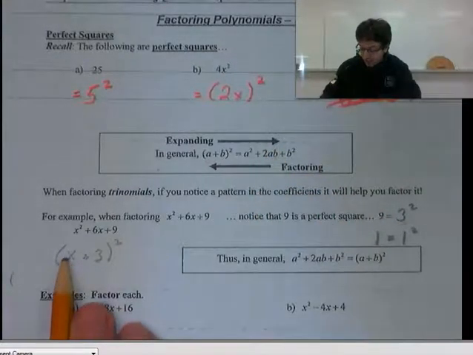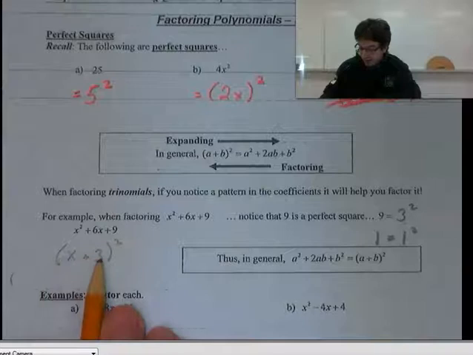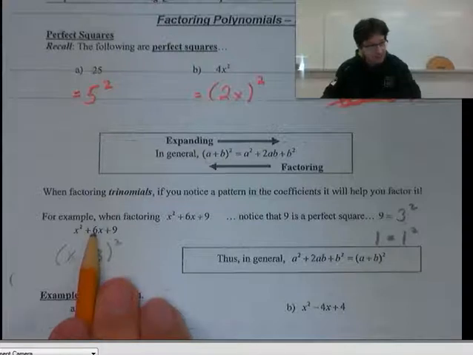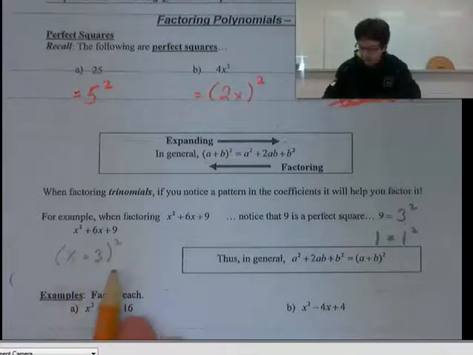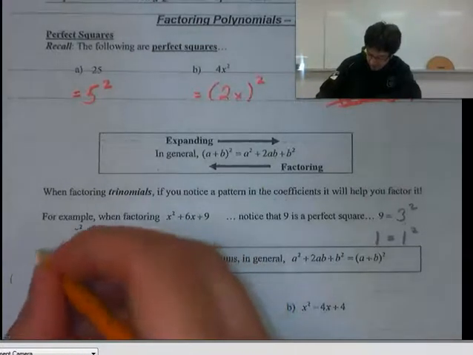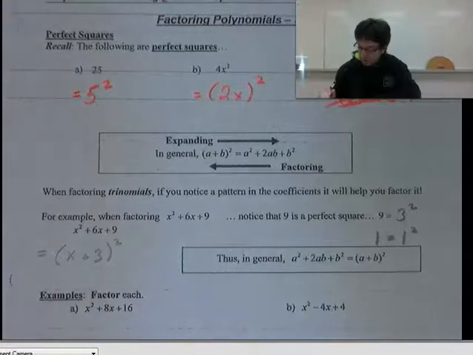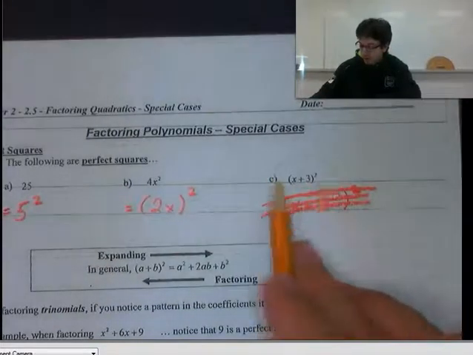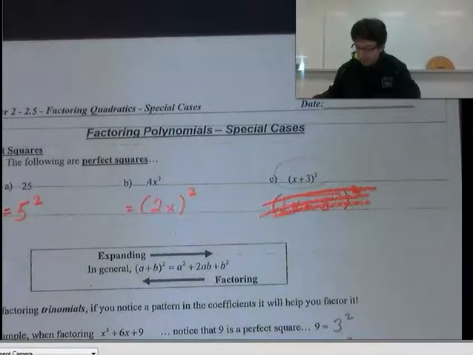If I take a and b, which is 1 and 3, multiply them, and double it, do I get 6? In this case you do. 1 times 3 is 3, you double 3, you get 6. So that actually works out. So that's a perfect square, and it's exactly what we had up here as our example.